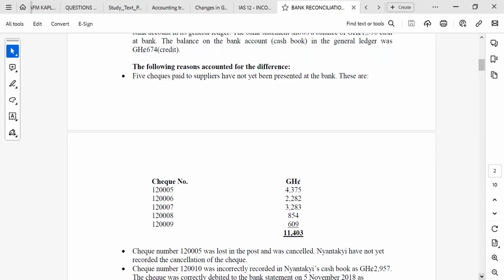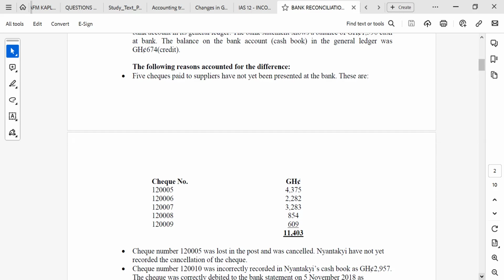These are check number 12005, 4,225; check number 12006, 2282 Ghana cedis; check number 12007, 3283 Ghana cedis; check number 12008, 5854 Ghana cedis; check number 12009, 609 Ghana cedis.